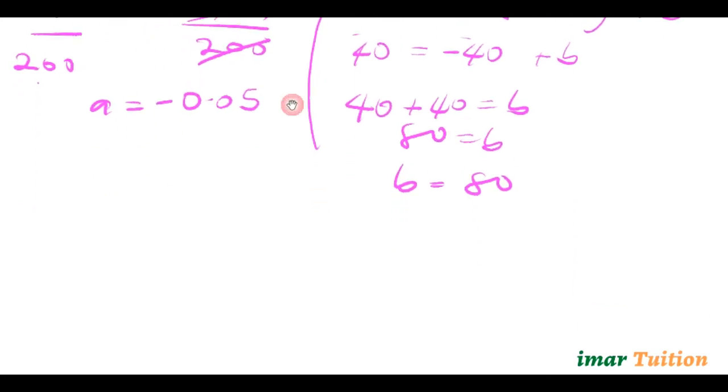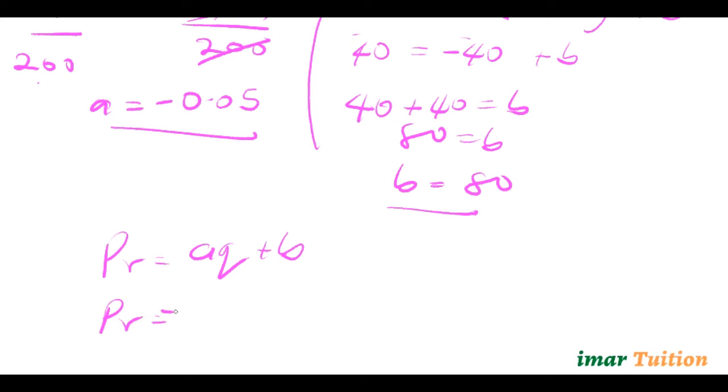So we'll have A to be this and B to be this. In our price equation, we'll have price is equal to AQ plus B. If we put the value of B to be 80 and the value of A to be minus 0.05, we'll have price to be equal to minus 0.05 times Q, which gives you minus 0.05Q, plus what is B?